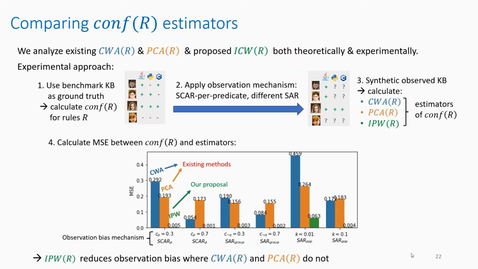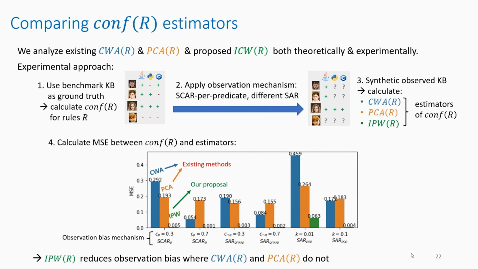Finally, we analyze the existing and proposed confidence measures both theoretically and experimentally. In our experimental approach, we start from a benchmark knowledge base and assume this is the ground truth. We calculate the true confidence based on that ground truth. And then we generate different synthetic observed knowledge bases by applying different observation mechanisms to the ground truth knowledge base.